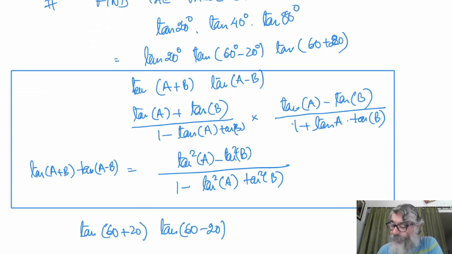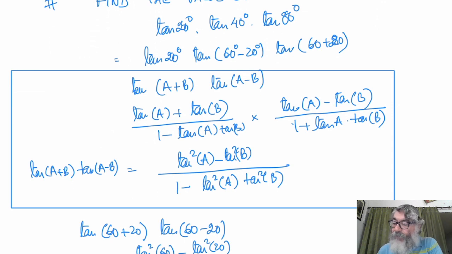We change them to this form, and then we wrote tan² 60 minus tan² 20 upon 1 minus tan² 60 and tan² 20.